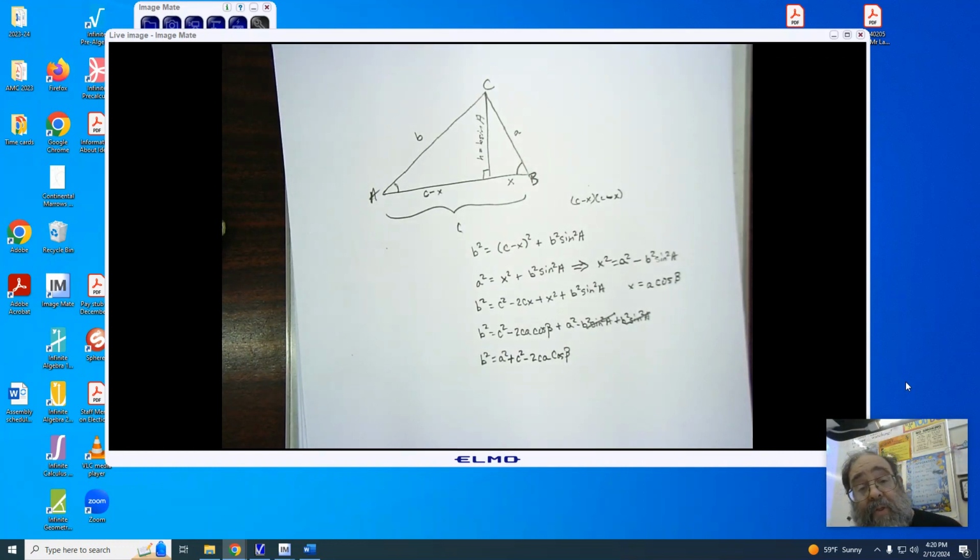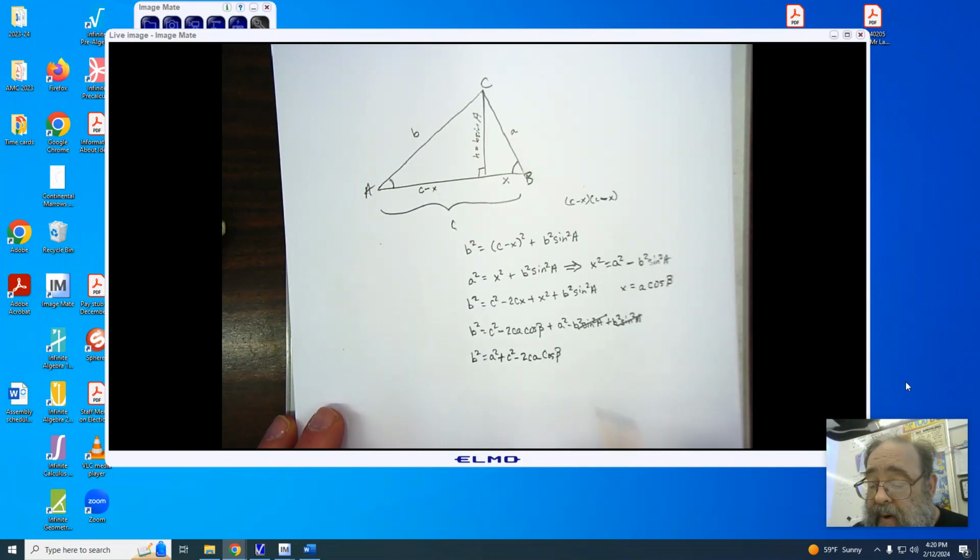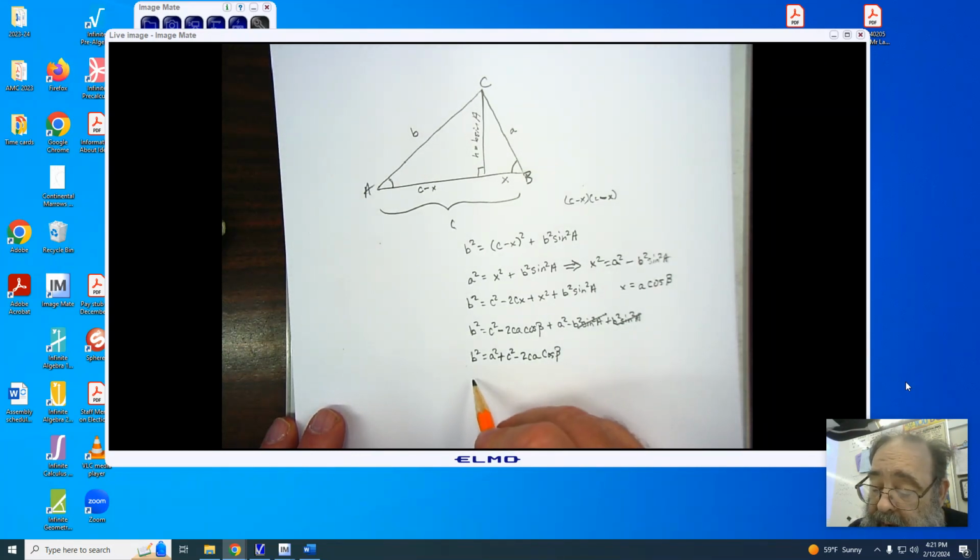This is one of the three formulas for the law of cosine. Notice the pattern. If I have a b squared that I'm looking for the side B, I have angle B. We have a squared and c squared adding up, and then we have this minus. So let's just go ahead and put that together as, well, what if I have a squared I'm looking for?